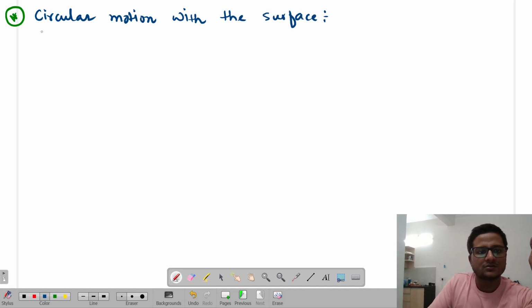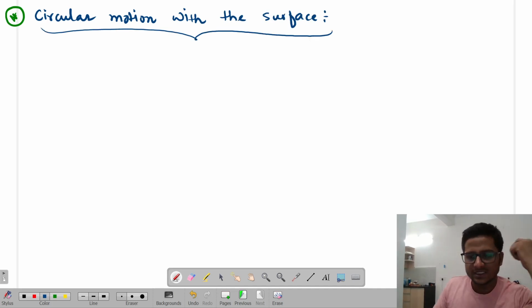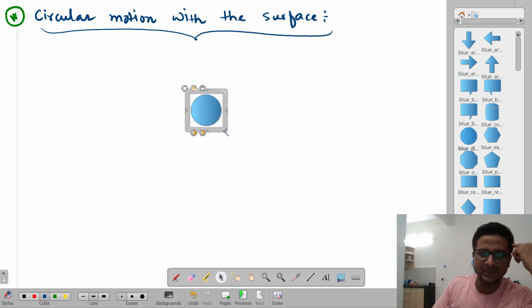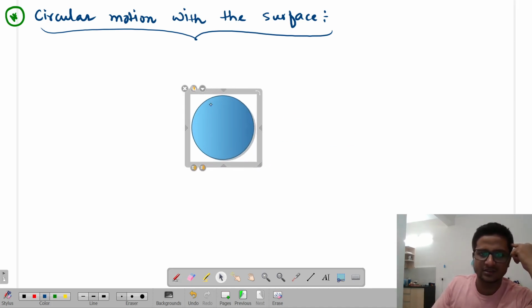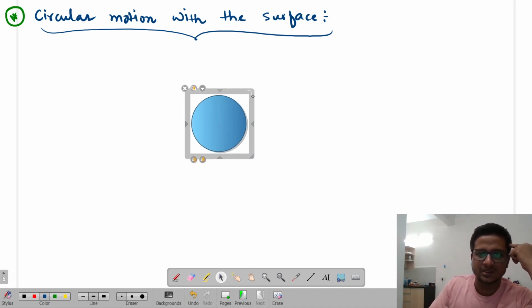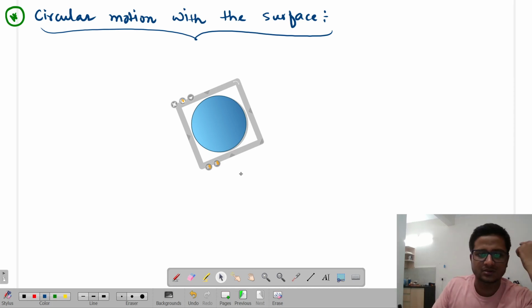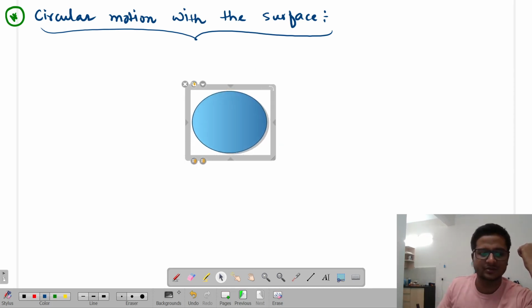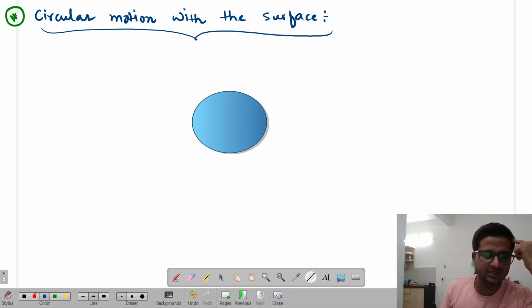Like I'll tell you right now, consider, let's suppose if I have any kind of disk, okay, this is my disk, and it is present in horizontal direction.